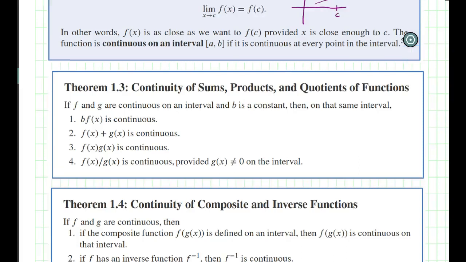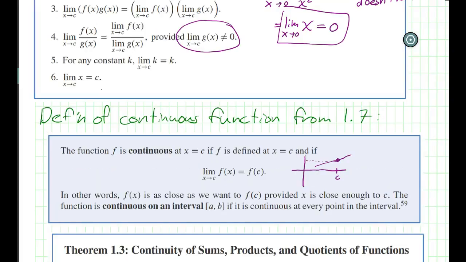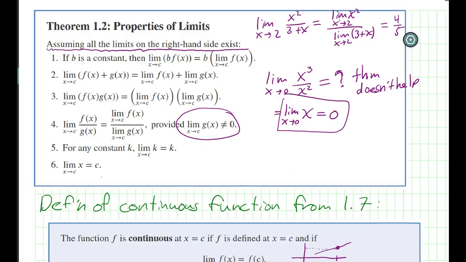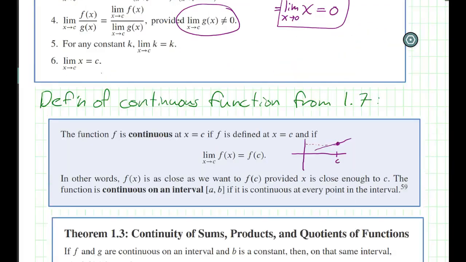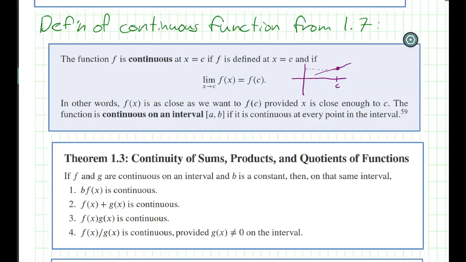So that means that you can apply this theorem 1.2 part 1 to it to find the limit of b times f of x, and when you find that, it's equal to the limit of f of x times b itself. So basically this fact will be true.